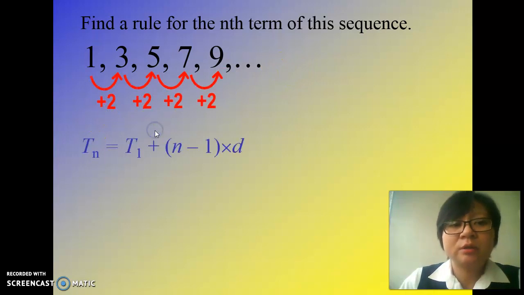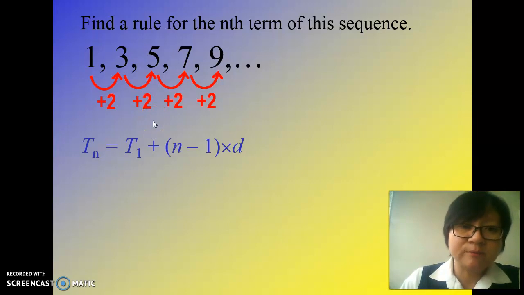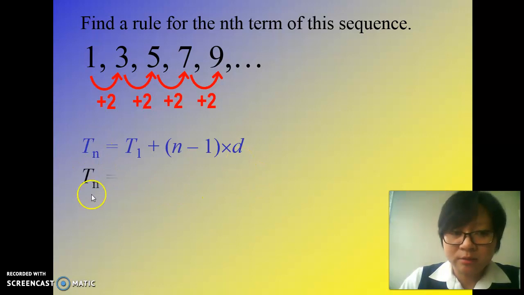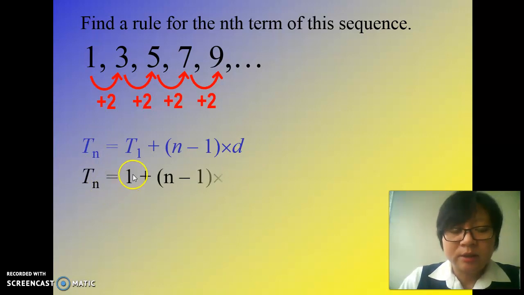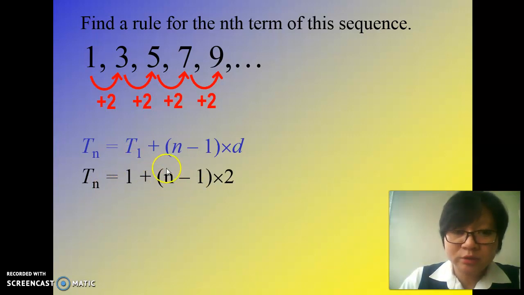Then you can use the nth term formula for the arithmetic sequence. But no need to replace the n, so keep the n. And then the value of the first term is 1. And then no need to change the n, and then times 2.